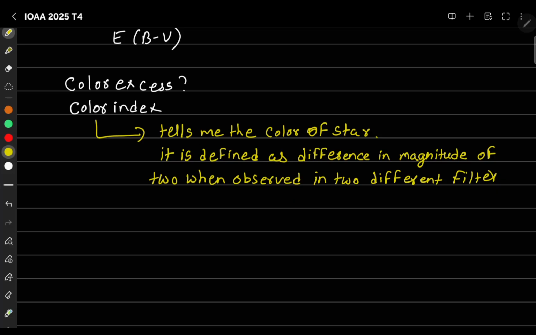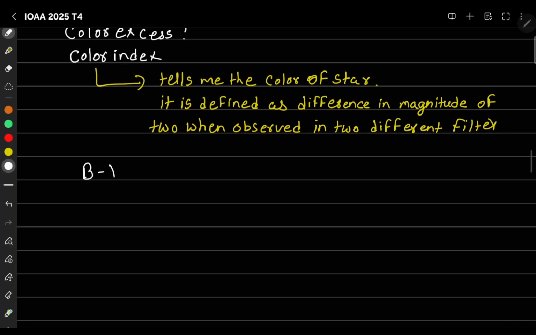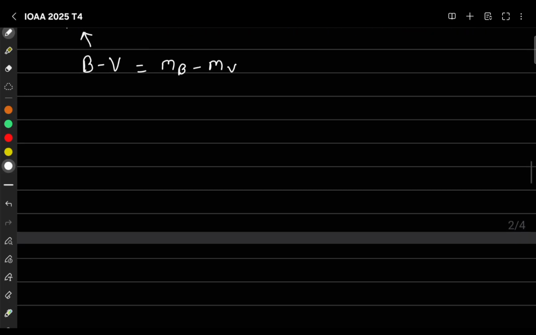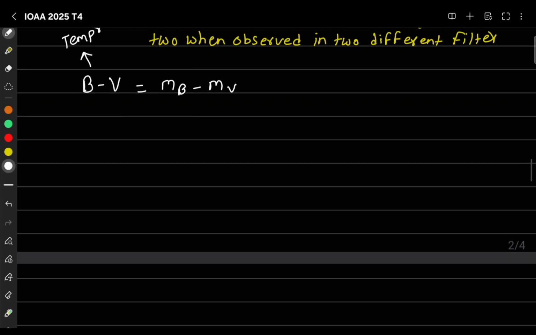So if I say B minus V, this is a color index. I subtract the magnitude observed in the V filter from the magnitude observed in the B filter, and then I obtain a color index. The color index is used to measure temperature, how hot my star is, and to observe whether it lies in the blue spectrum or the red spectrum.